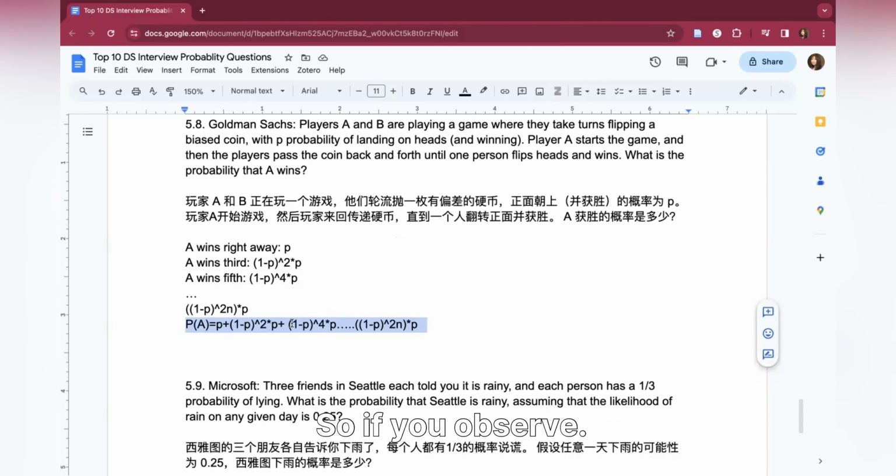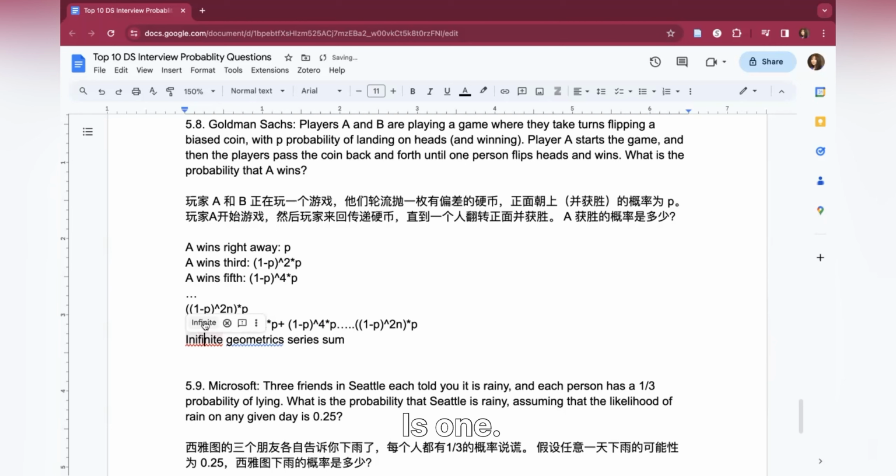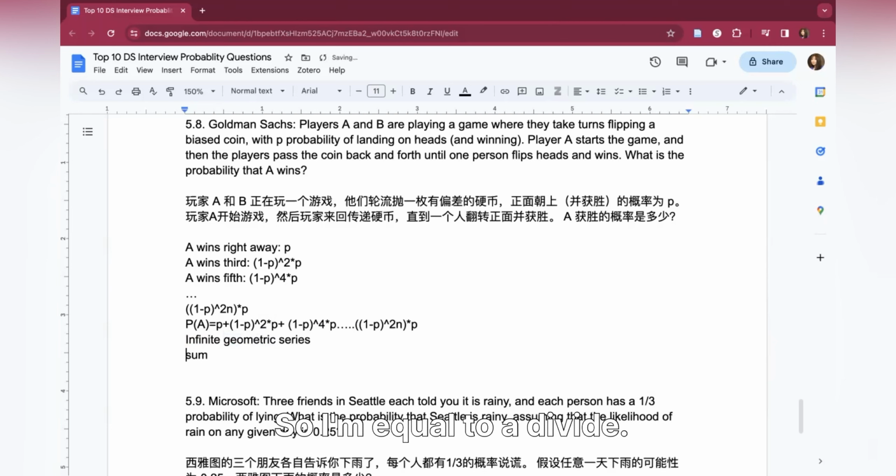If you observe, this formula can be used as an infinite geometric series. The infinite geometric series sum is equal to a divided by 1 minus r.